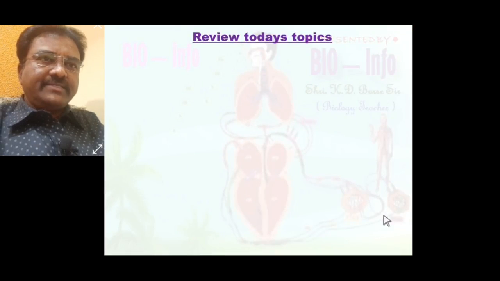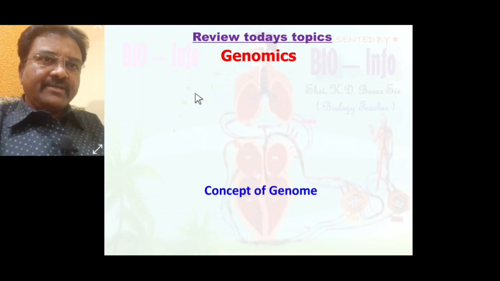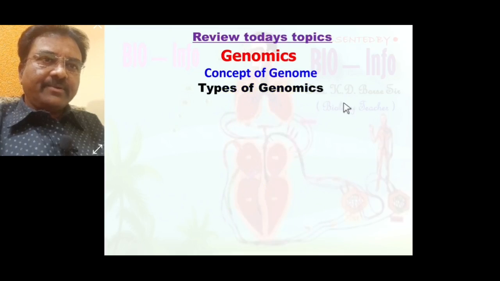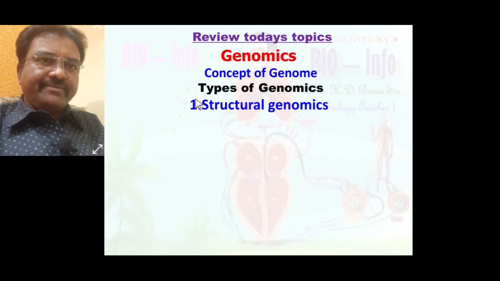Review of today's topic. We learned today that genomics is one of the new concepts of the molecular basis of inheritance chapter. Concept of genome, types of genomics: you know there are two types, structural genomics and functional genomics.